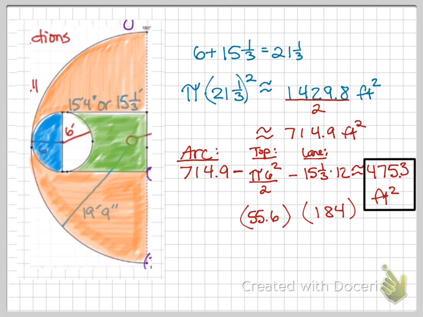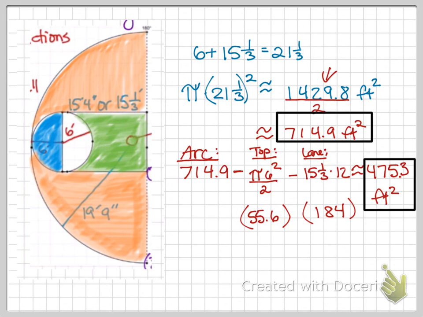That's the radius of this half circle. Then we multiply pi times 21 1/3 feet squared, and we get approximately 1,429 8/10 square feet. But it's a half arc, so we divide that by 2, and we get 714 9/10 square feet.